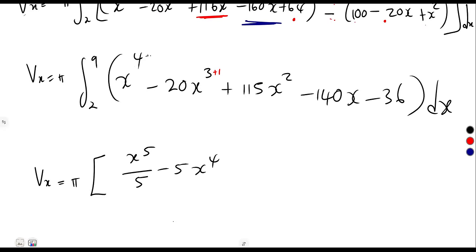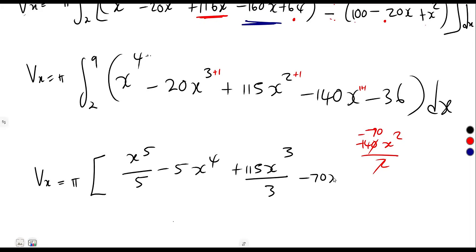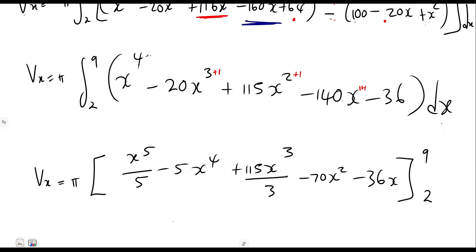We do the same thing: we add 1, so that's a 3, 115x to the exponent of 3 over 3. Minus 140 plus 1 gives x squared over 2, so that's minus 70x squared. Minus 36, you put x, so that's minus 36x, from 2 to 9.